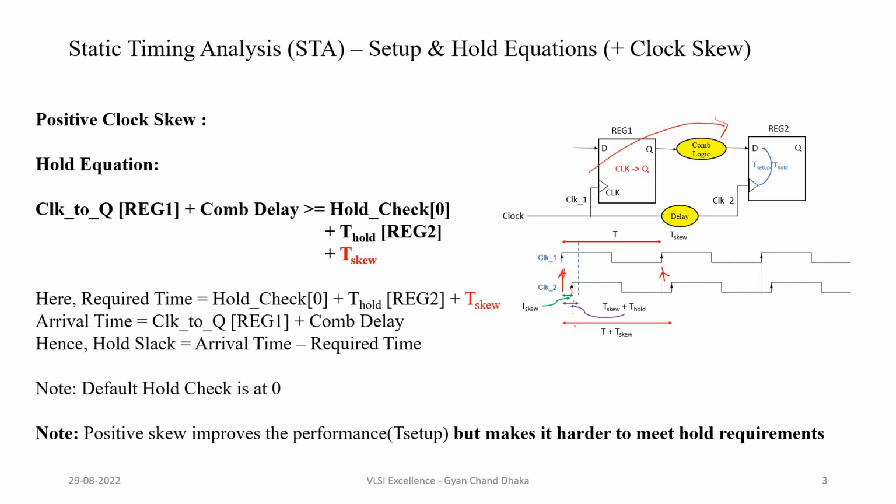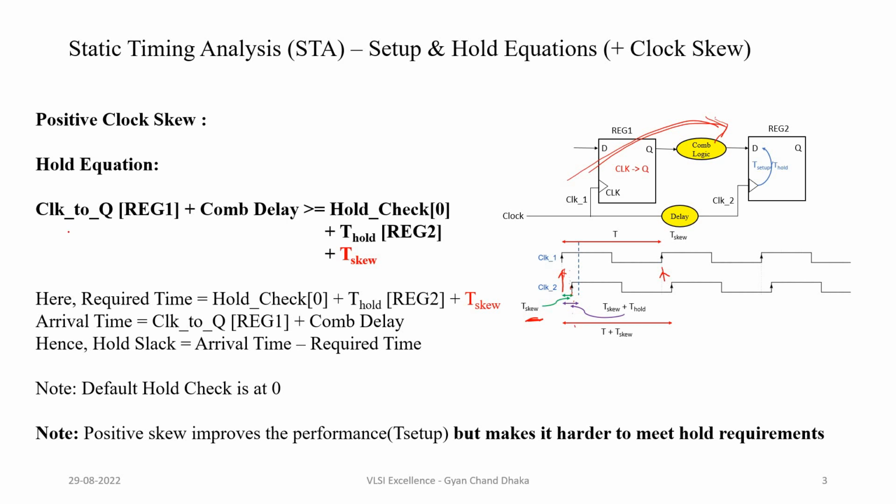But now our clock edge has already shifted in the right direction by t skew time. Then we will have the flip-flop hold time, so this total time will be t skew plus t hold. Now our new requirement is that the data propagation delay should be more than t skew plus t hold of the capture flip-flop.